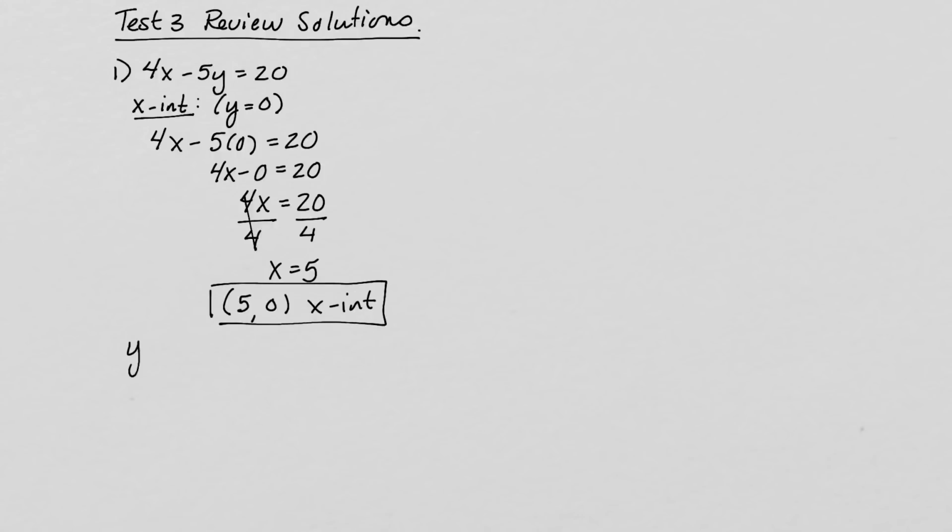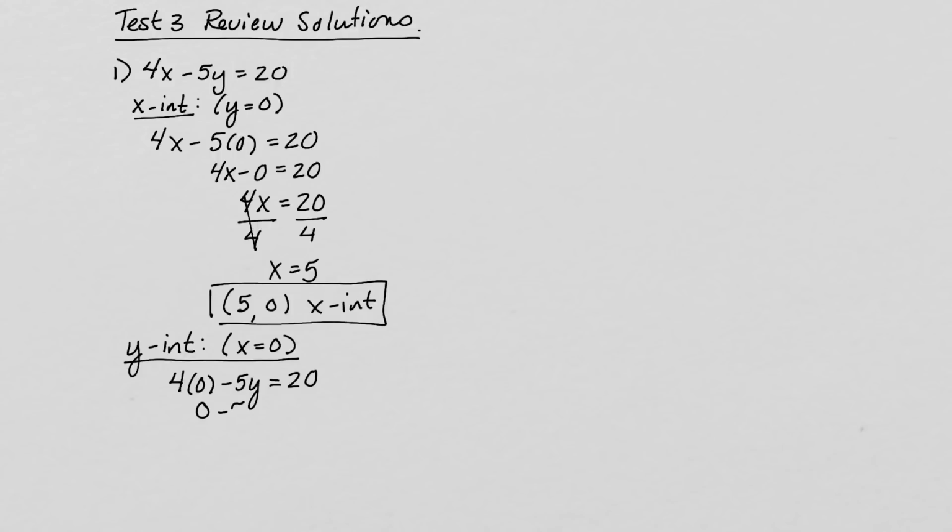For the y-intercept, we're going to do the same thing. We're going to set x equal to 0 this time because we're worried about crossing the y-axis. So we're going to have 4 times 0 minus 5y equals 20.